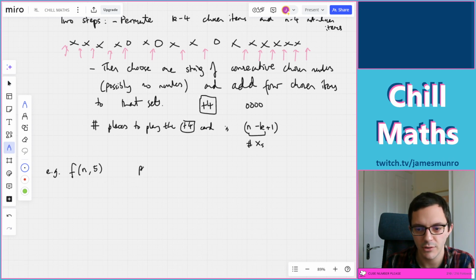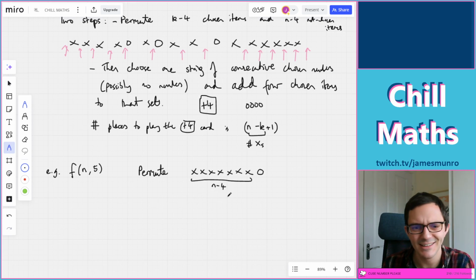First off, you permute lots of x's, n-4 of them, and 1 circle. n-4 of these. There's lots of ways to do that. You can imagine all of them, I think.